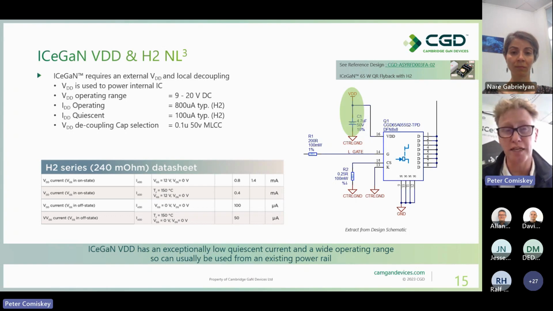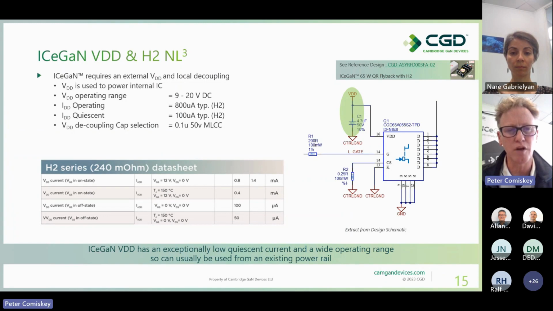We've done some additional testing to take that over 20 volts, but from a datasheet perspective, to ensure robust operation, do keep that voltage between 9 and 20 volts. That fits in very nicely with what you're typically going to see on MOSFET-based drivers, controllers, that kind of device. So you can very easily reuse it to power ICeGaN.